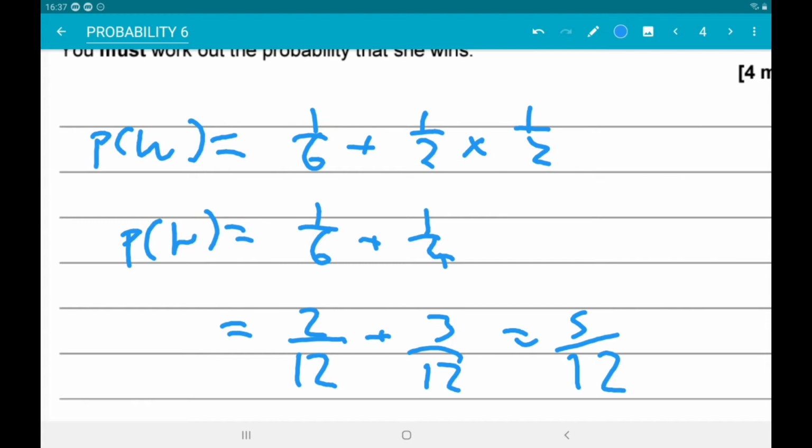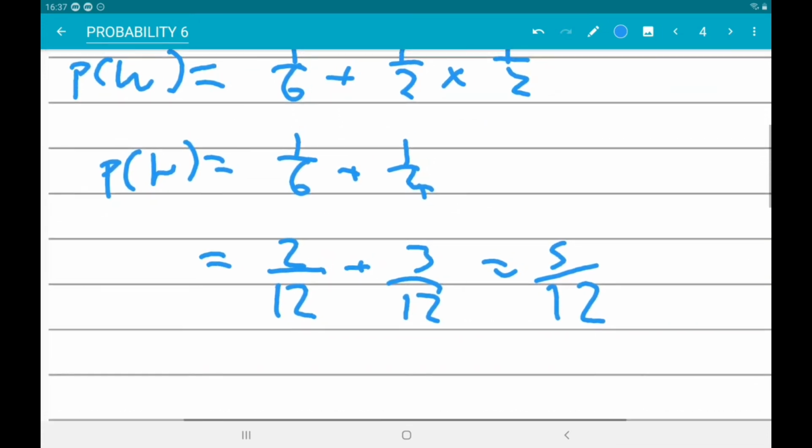So the probability of her winning is 5 12s. So the probability of losing is 7 12s. So she's more likely to lose.